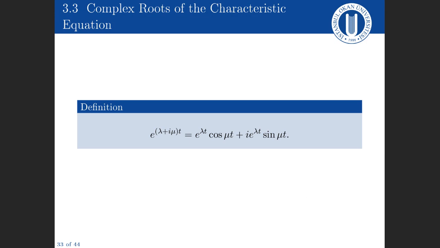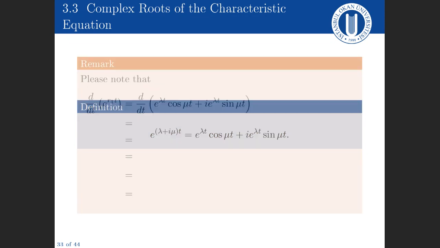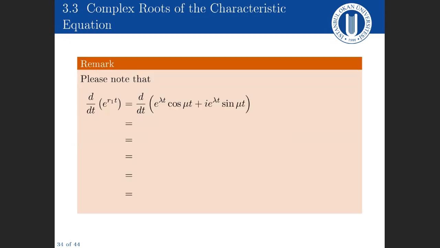We're going to use Euler's formula, which tells us that e to the power lambda plus i mu t is equal to e to the lambda t cos mu t plus i e to the lambda t sine mu t. Why does this make sense?